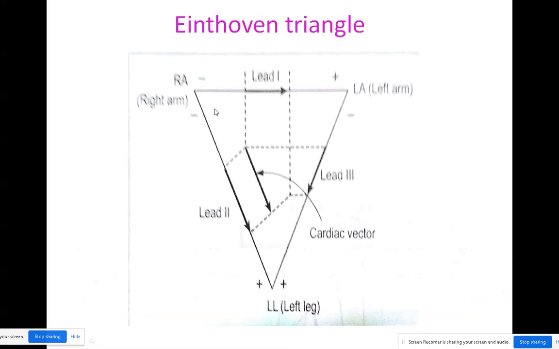Lead 1 observes the ECG signal from right arm to left arm. That represents lead 1. Right arm to left leg is lead 2. Left arm to left leg is lead 3. Simply you can draw it or explain it.